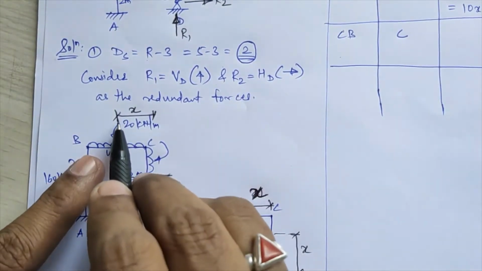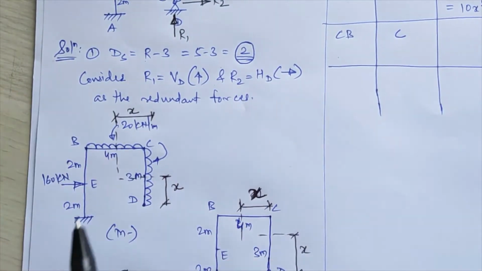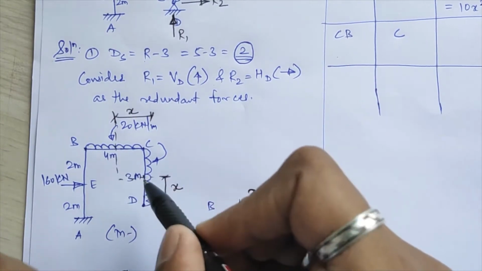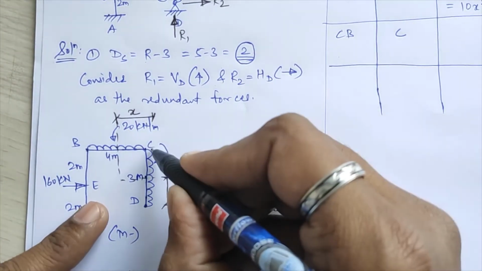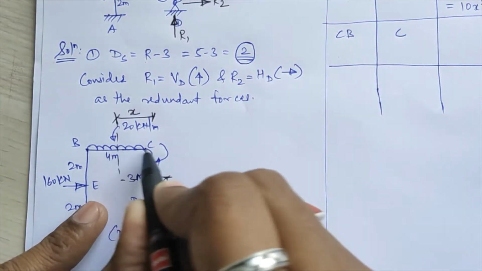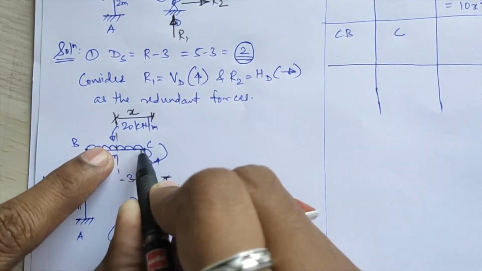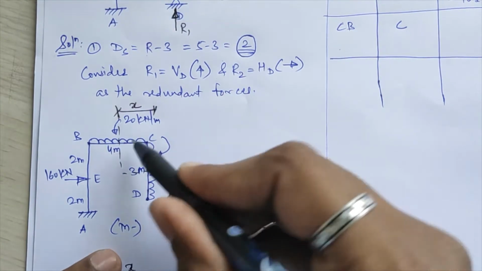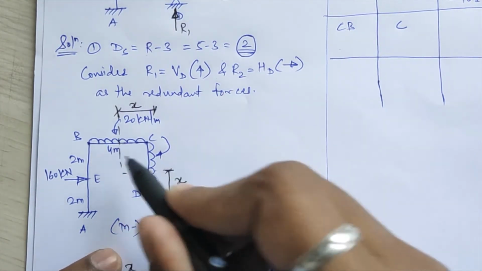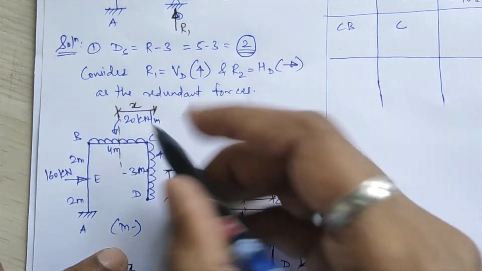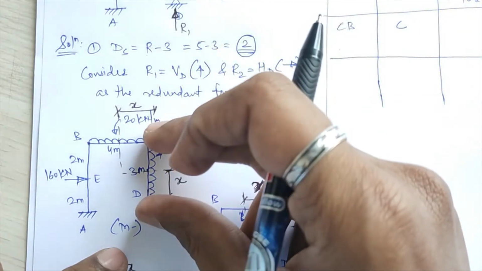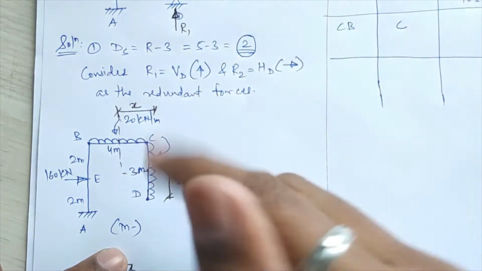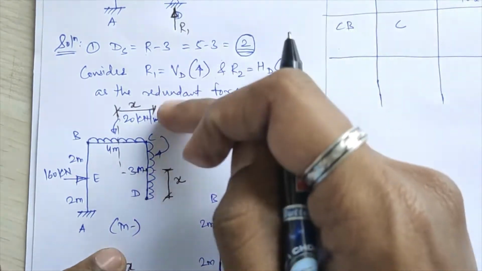You have to take the moment of all the forces or all the loadings along this section. We have 2 loadings here, this vertical 20 kN per meter UDL and this horizontal 20 kN per meter UDL acting for a distance x. This vertical UDL will be completely acting on this section. So the moment of this UDL along this section will be 20 into its complete length 3, multiplied by its lever arm, which will be a vertical distance.